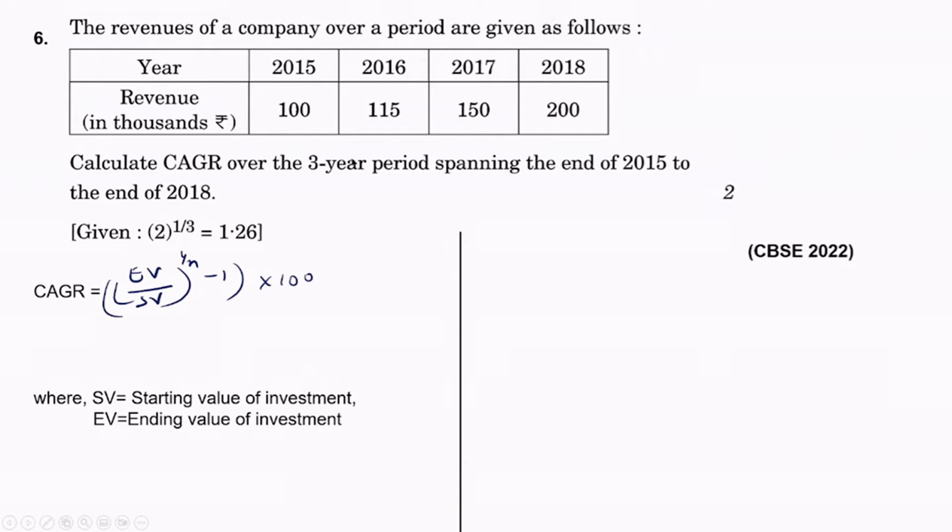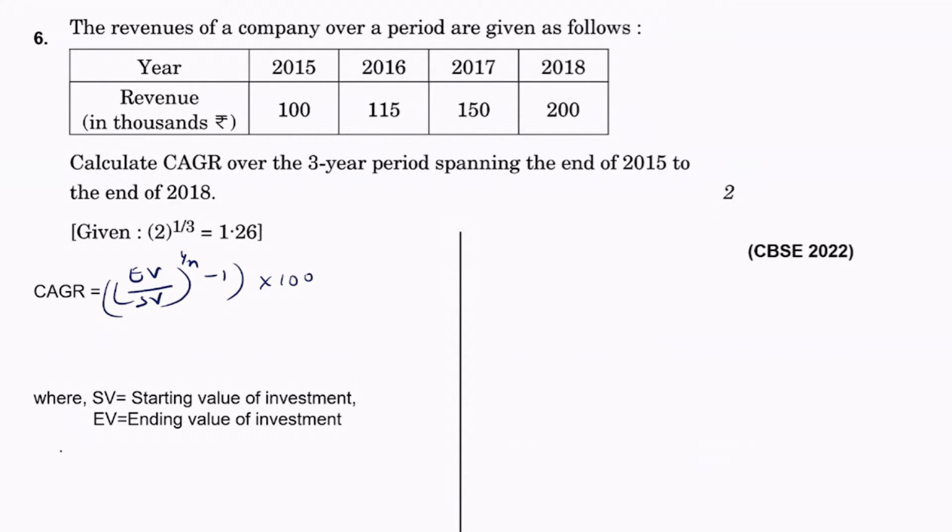So here the starting value of investment is at the end of 2015 or at the beginning of 2016. So at the beginning of 2016, it is 100,000 rupees. And at the end of 2018, it is 200,000 rupees. So here it is only a period of 3 years, 1, 2 and 3. So here n is 3.